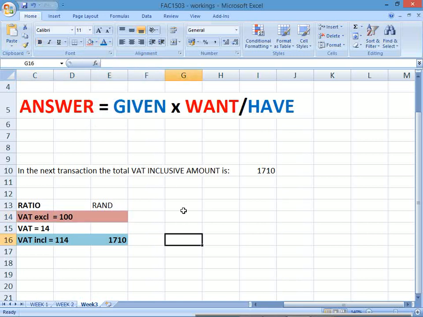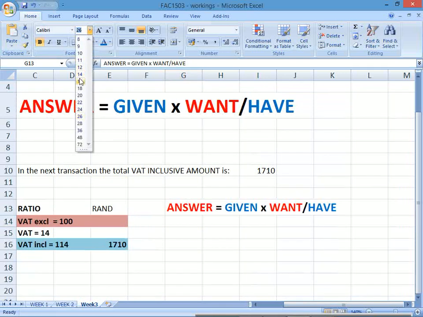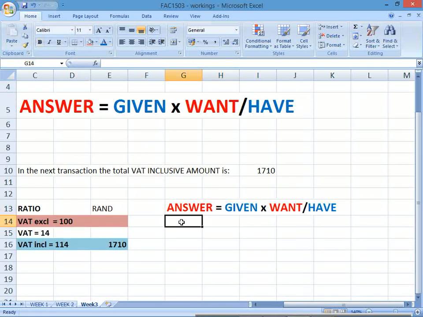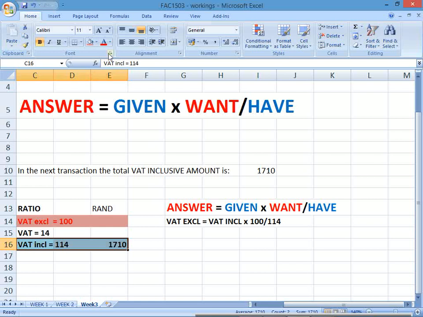So the formula is actually quite straightforward. If I write that down, what answer do I want? I want the VAT exclusive. What was given? The VAT inclusive, times what I want, 100 over 114. The reason that happens is because you're looking at the answer that you want, that's the red, and what was given, that's the blue.